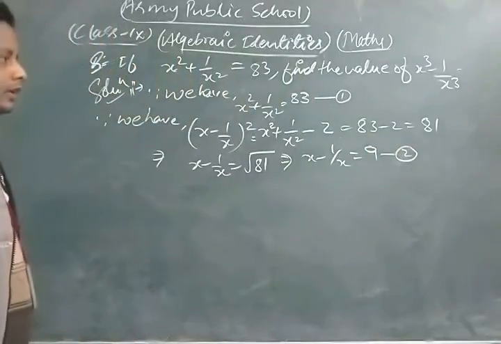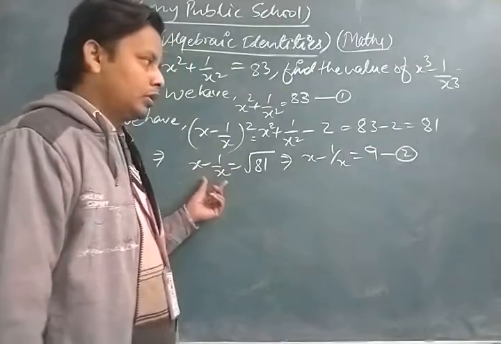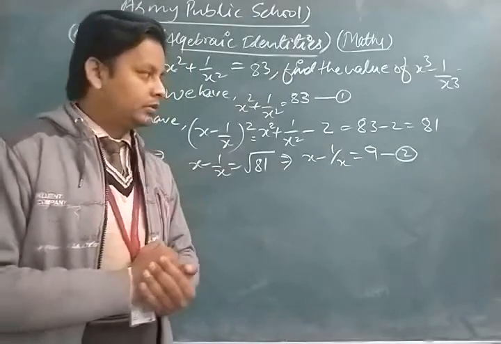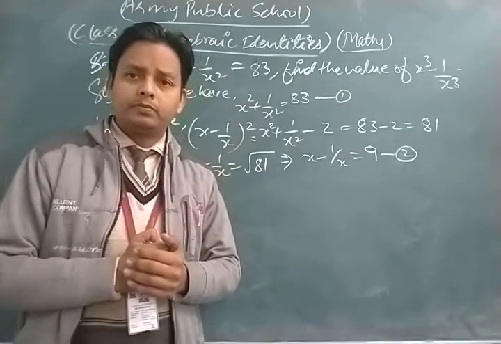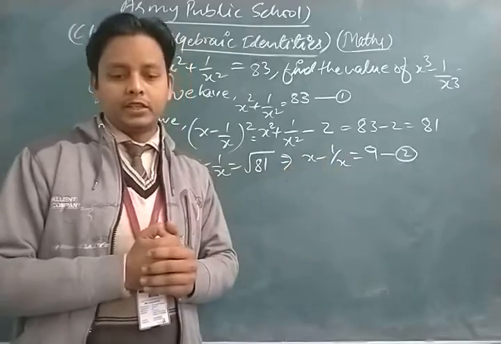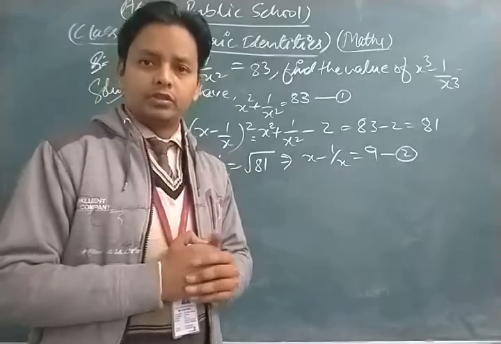In this way, dear students, we get the value of x minus 1 upon x is equal to 9. Now we find the value of x cube minus 1 upon x cube. So we take cube on both sides of equation 2.